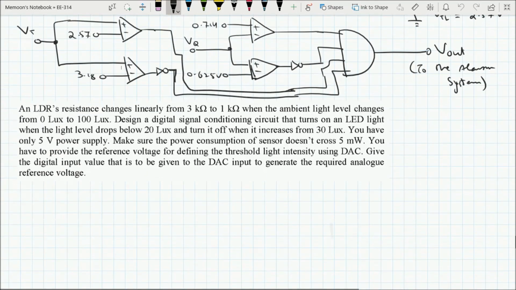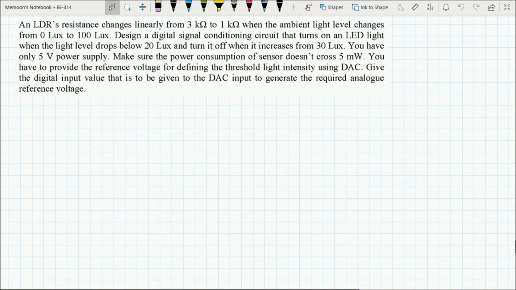And lastly, let's move on to the final example of today's lecture, that is related to the digital signal conditioning circuit design. And the problem states that an LDR's resistance changes linearly from 3 kilo ohms to 1 kilo ohms when the ambient light level changes from 0 lux to 100 lux.